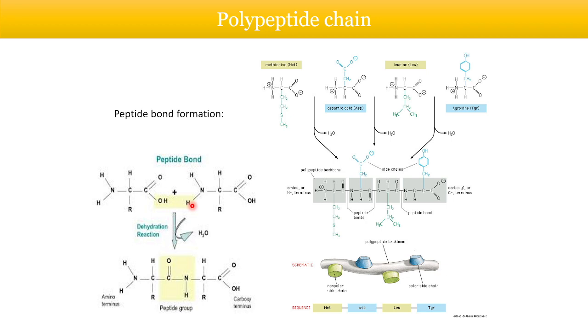So you can get a series of amino acids joined via these peptide bonds. Each peptide bond formation involves this dehydration reaction, or loss of water. There is a figure where you can see methionine, aspartic acid, leucine, and tyrosine, all joined via peptide bonds through the loss of water.